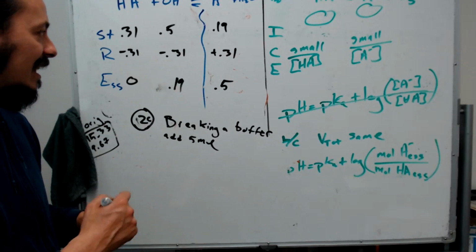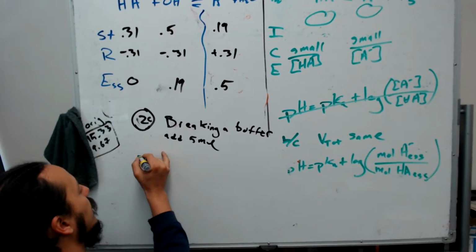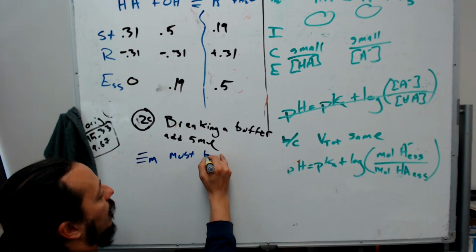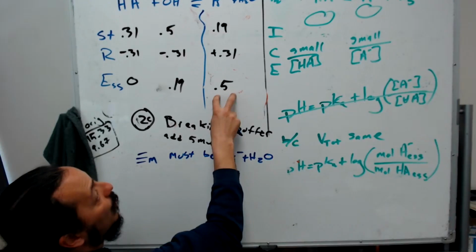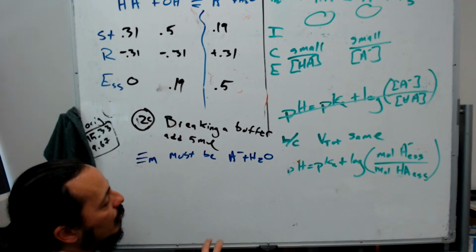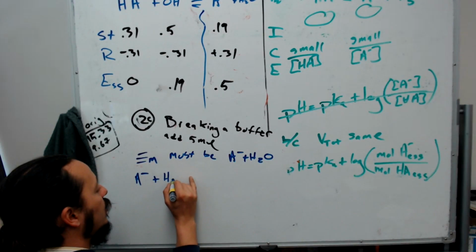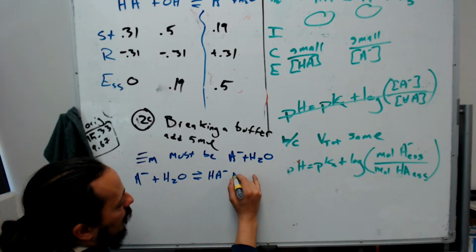In this case, because I've only got A minus, my equilibrium must be A minus plus H2O goes to HA plus OH minus.